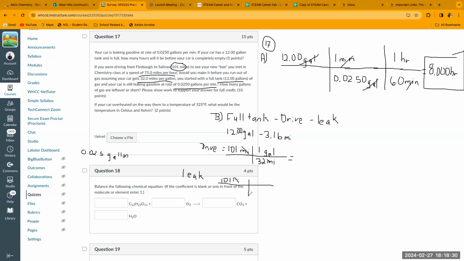Okay. And do we know how long that's going to take us to travel? That's right. We're going to divide it by 75. That is correct, 75 miles per hour. Okay. So miles are going to cancel out.